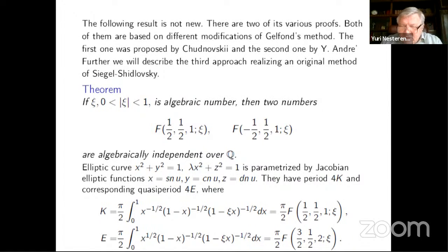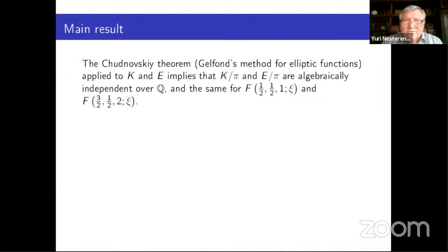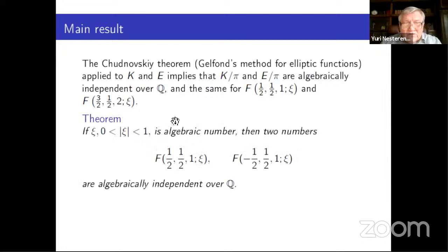This gives algebraic independence for values of this special case of Gaussian functions. So this is Chudnovsky's theorem about period and quasi-period. He used Gelfond's method for elliptic functions, and as a consequence we have algebraic independence of values of these two.